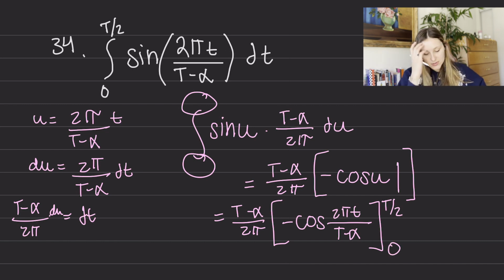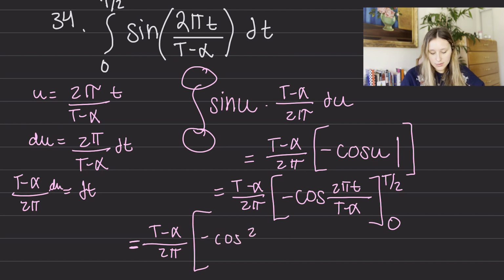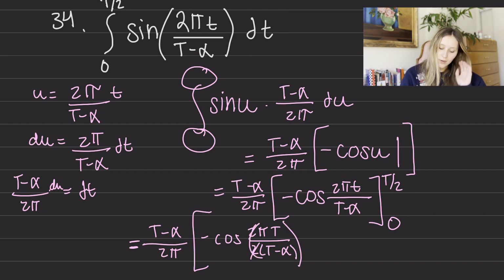And so I'm just going to write this ugly problem. I don't know why it's here, but it's here, and so we're going to do it. And we get minus cosine of 2 pi T over 2 times t minus alpha. At least the 2's cancel out. We get something like that, and we do minus.